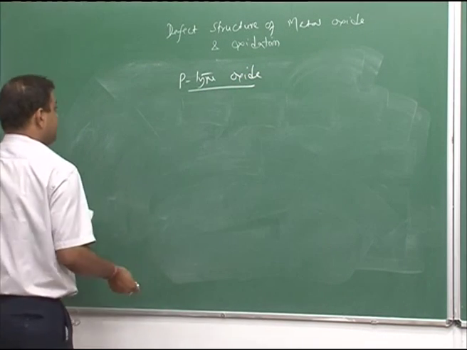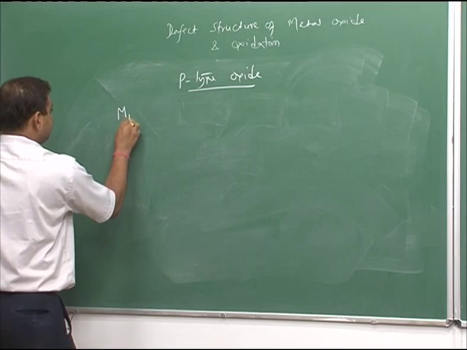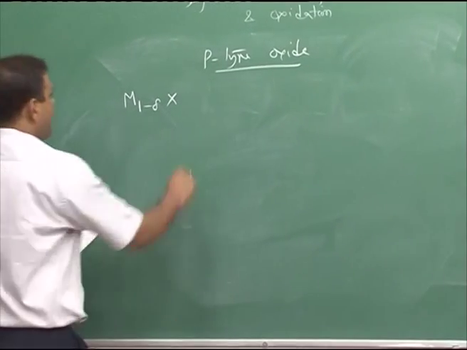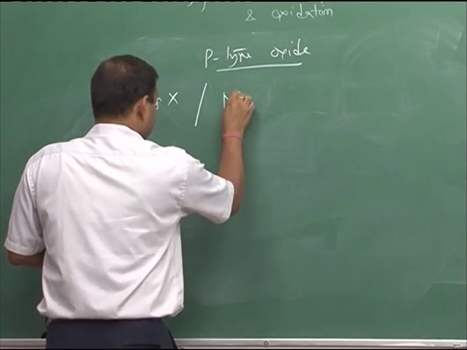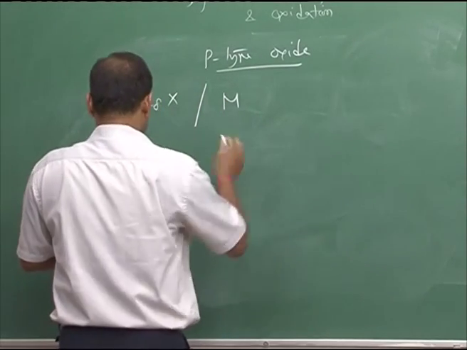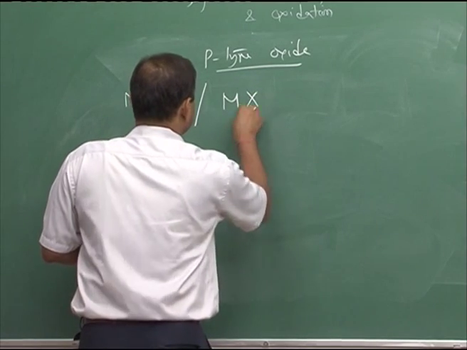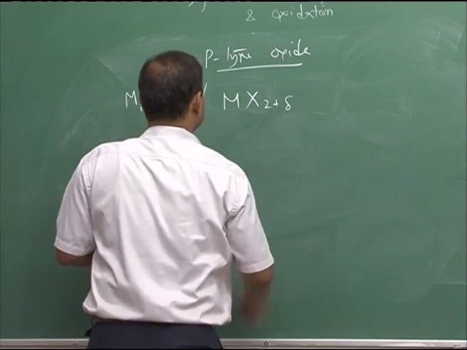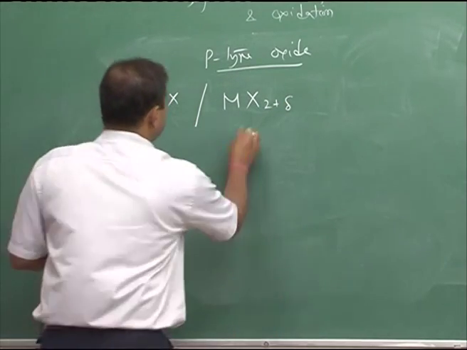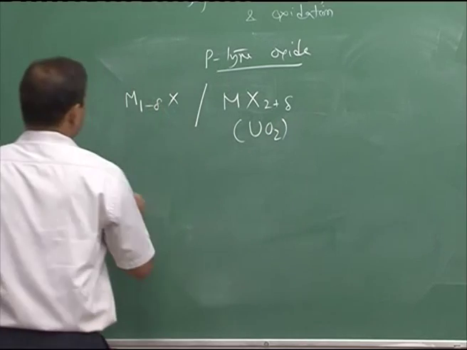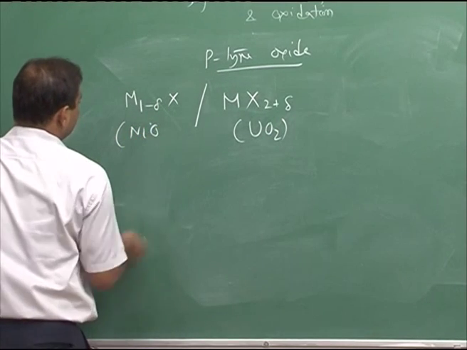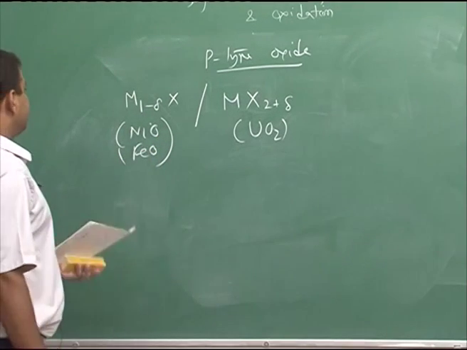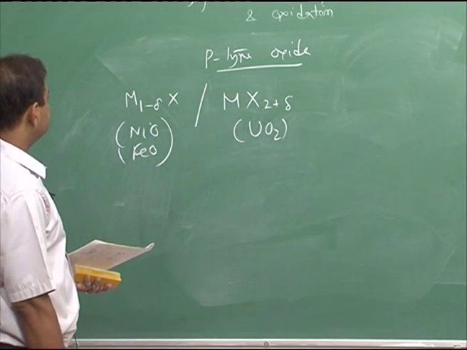In case of p type oxide, either we have metal deficient, and this is cation, this is metal, or we can have oxygen excess, or a cation deficiency, M 1 minus delta O. One example is uranium oxide, and other examples are NiO, FeO, those are the oxides which have p type structure.